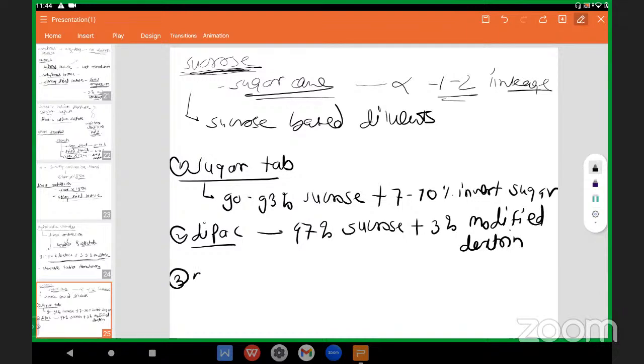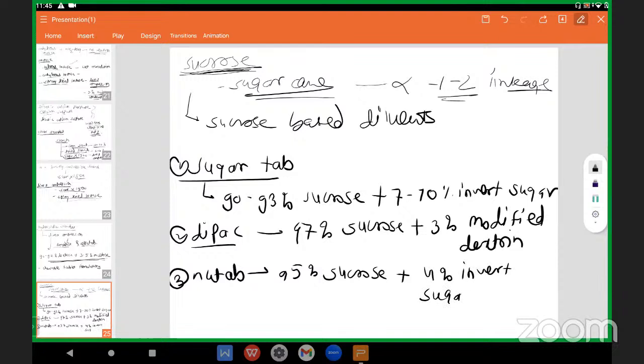A third example is Nu-Tab, having 95% of sucrose plus 4% of invert sugar plus cornstarch plus a little amount of magnesium stearate.